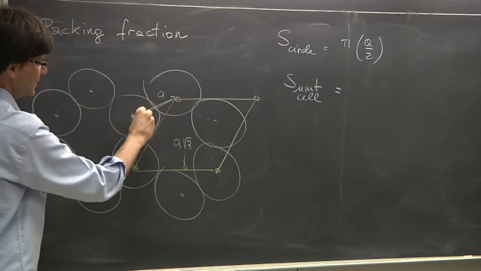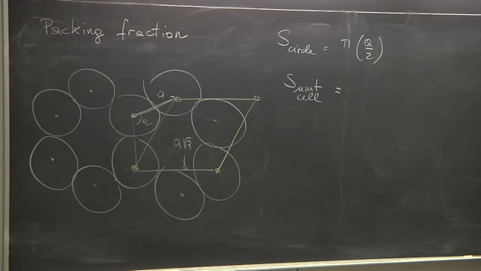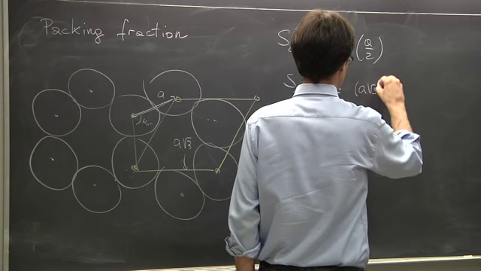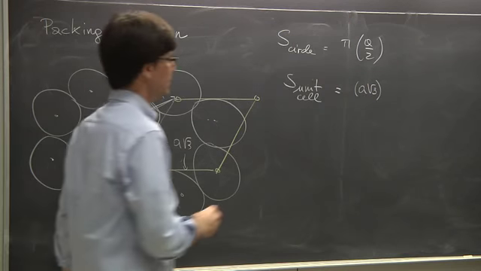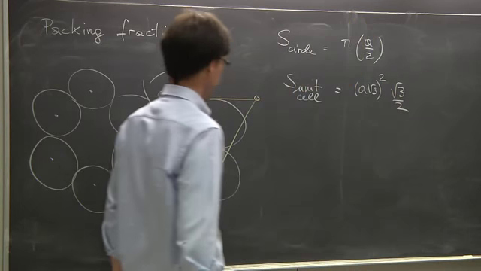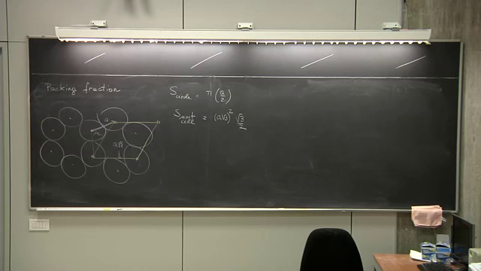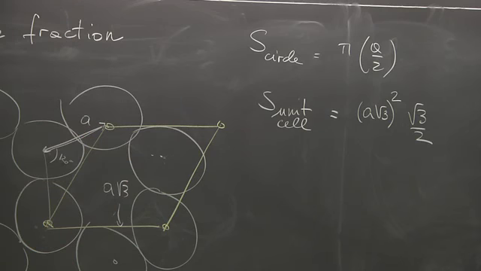This is A, this is 120 degrees, so this is A square root 3. So what is the area of the unit cell? It's the side of the unit cell squared times square root 3 over 2. We already determined that. Fine. So we found the area of the yellow unit cell here.